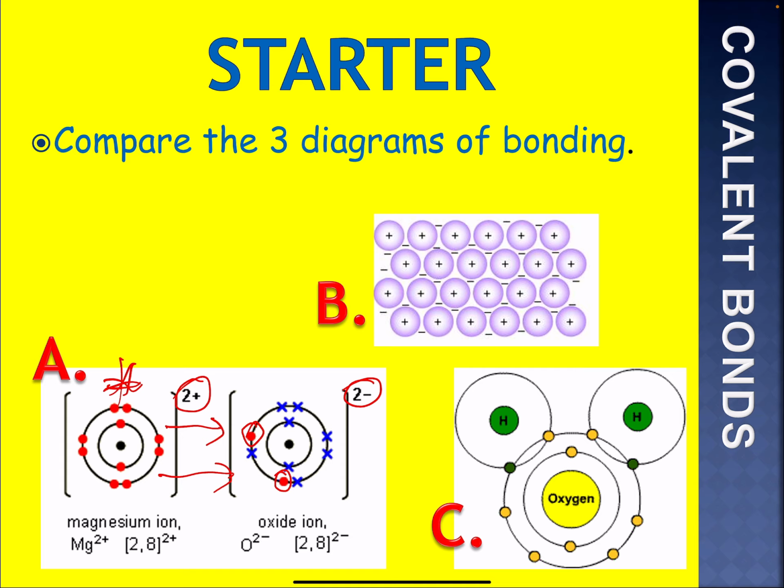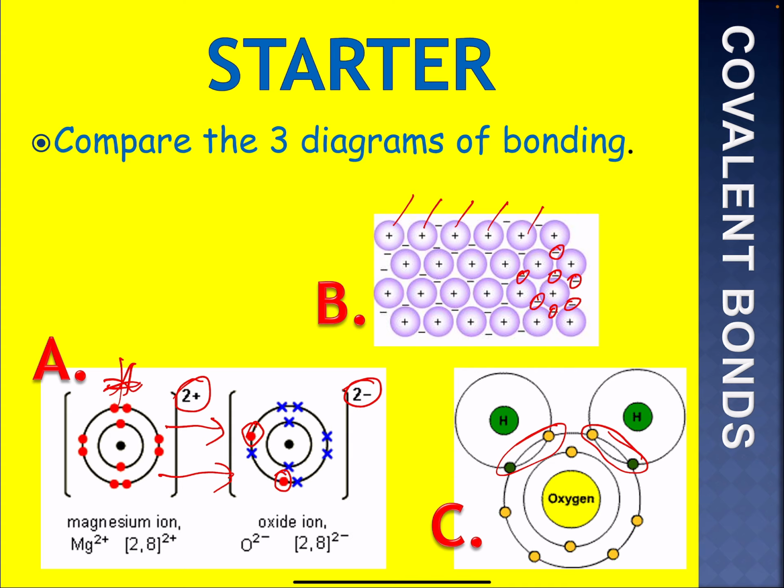B, we can see you've got positive ions here, surrounded by negative subatomic particles, the electrons. And C, you can see in this case, the electrons are being shared.